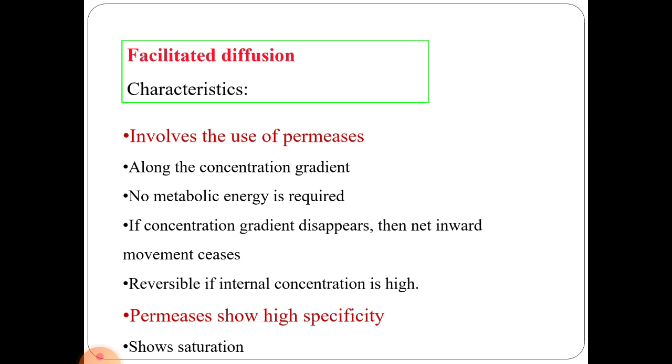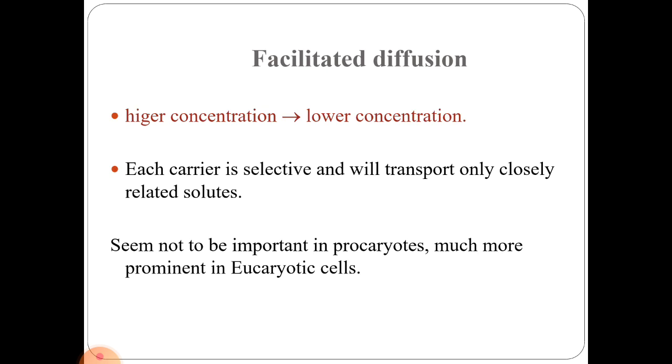These permeases show high specificity, and the mechanism shows saturation also. So facilitated diffusion involves movement of molecules from higher concentration to lower concentration. Each carrier is selective and will transport only closely related solutes. It seems that this mechanism is not important in prokaryotes while it is prominent in eukaryotic cells.